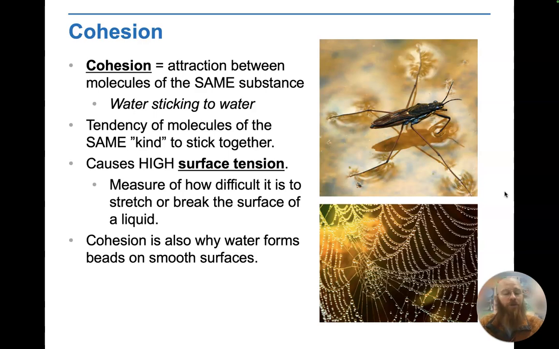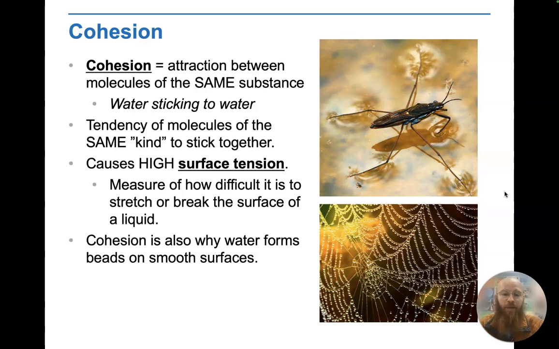And what this actually will do is cause really high surface tension of water. So this is just a measure of how difficult it would be to stretch or break the surface of a liquid. So water is going to have really, really high surface tension because of how cohesive those molecules are to each other.